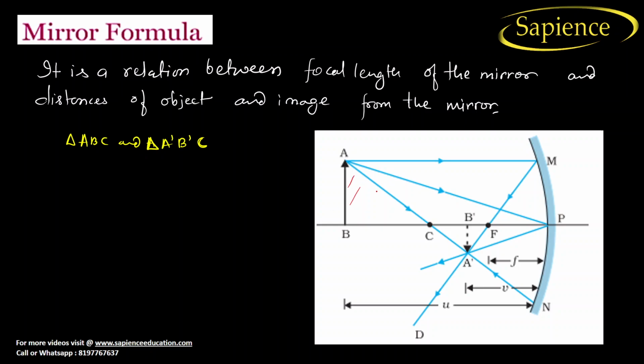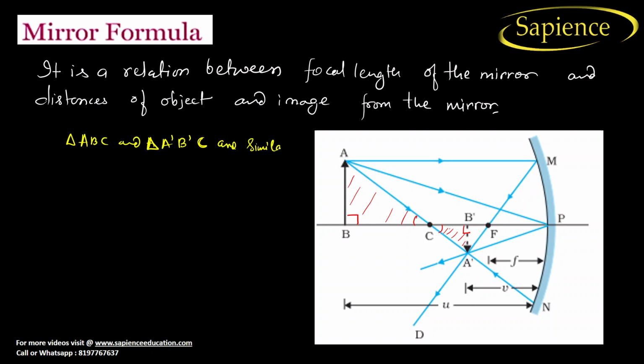ABC means this triangle, and A dash B dash C means this triangle. Since both have opposite interior angles equal, these two angles are the same. So both these triangles are similar.